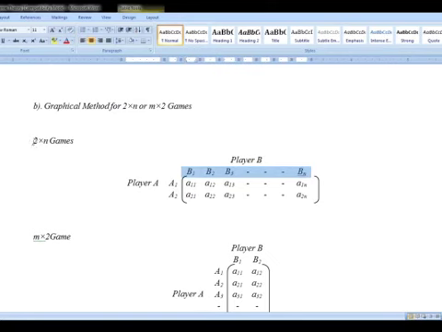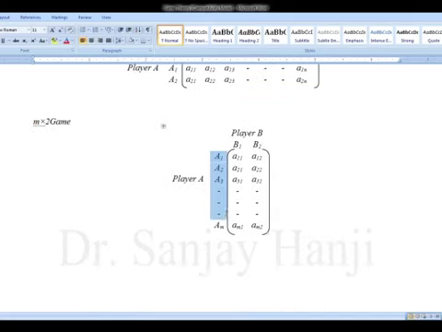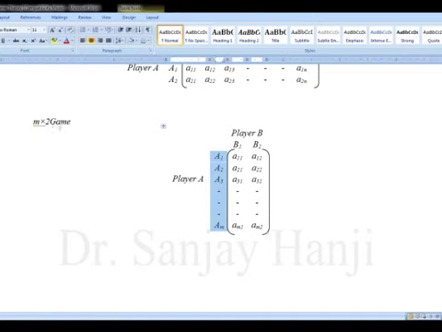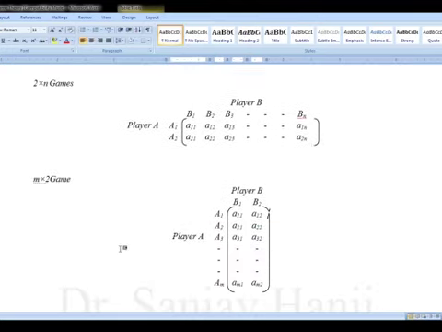That's why it is called a 2 by n game. And in m by 2 games, player A has m different strategies, and player B has only B1 and B2 strategies. So 2 by n and m by 2 games, how to solve, we will see today.